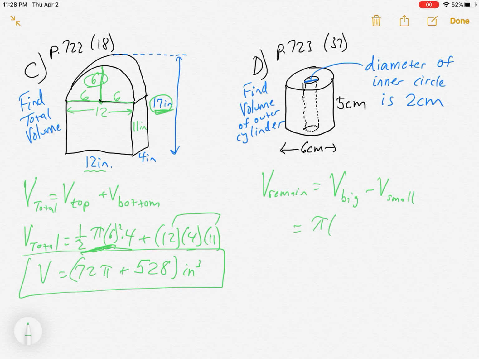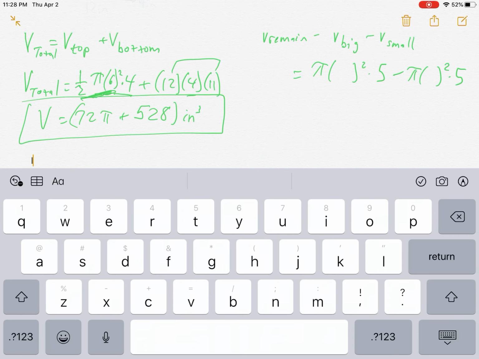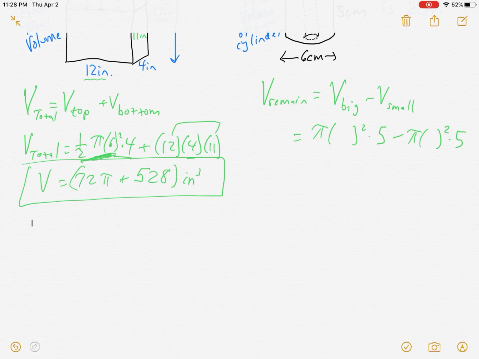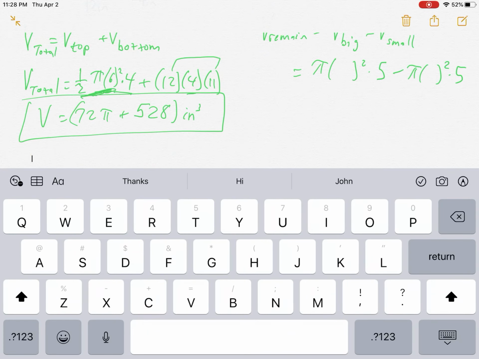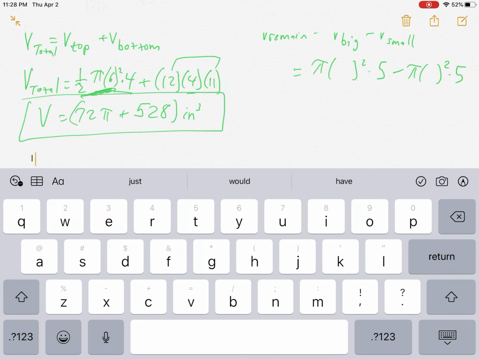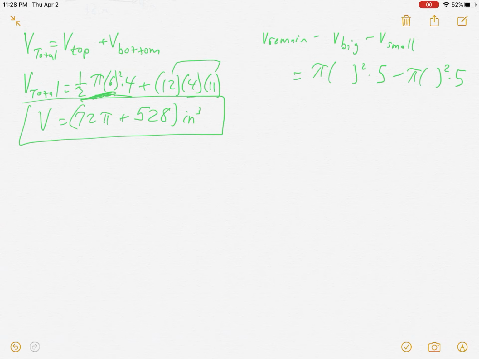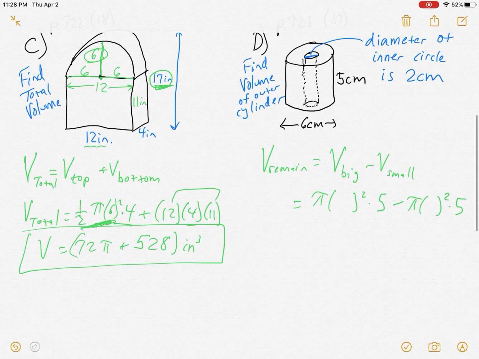So the big part, of course, these are all pi r squared times h minus pi r squared times h. And h is 5 on both of them. The radius of the big one is not 6, but 3, half the diameter. So that's 3.